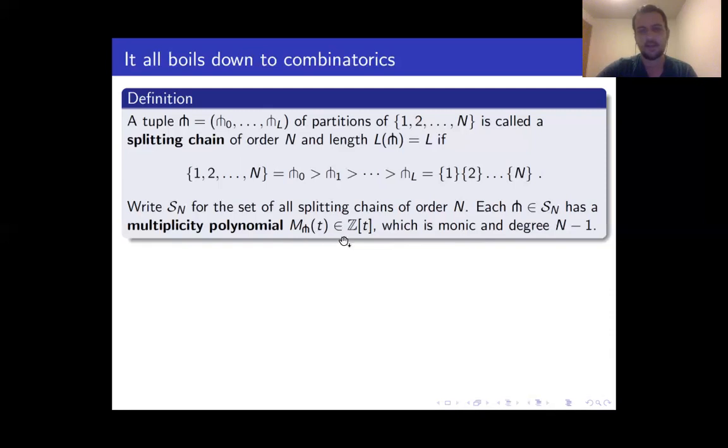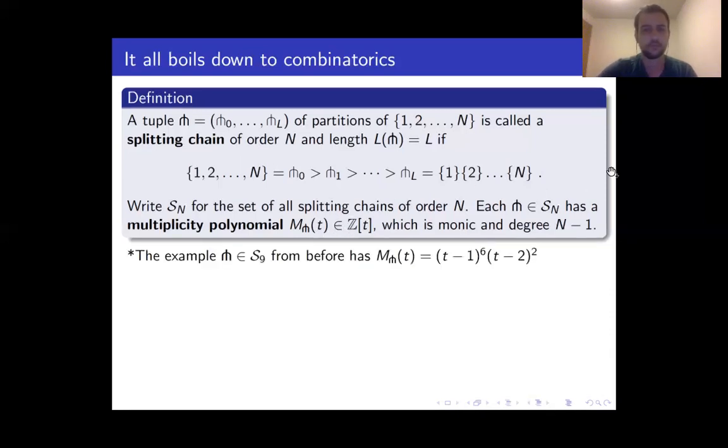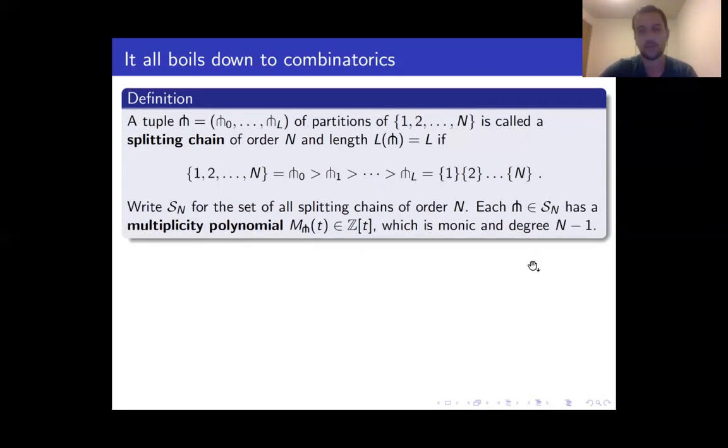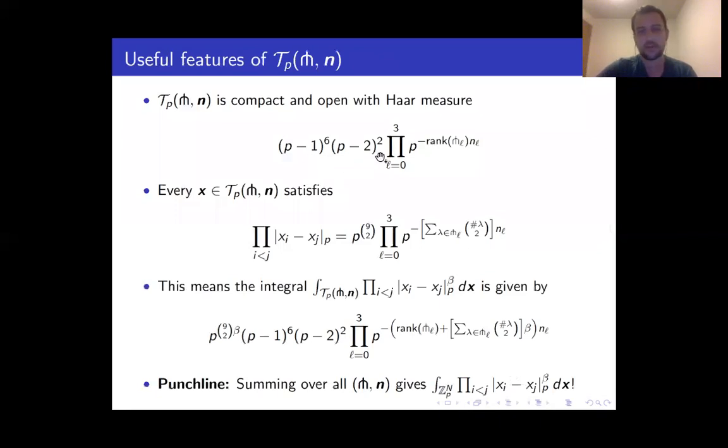So it's a nice invariant attached to each splitting chain. And just to give it a little more context, that is where that (p minus 1) to the 6 times (p minus 2) squared came from that we saw before. So this right here is a multiplicity polynomial evaluated at p.